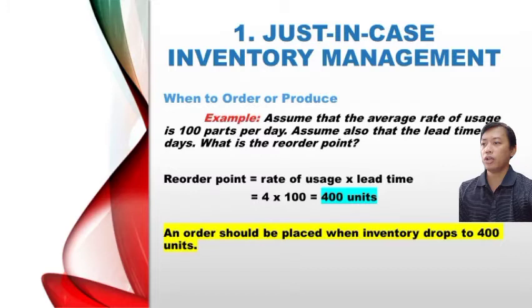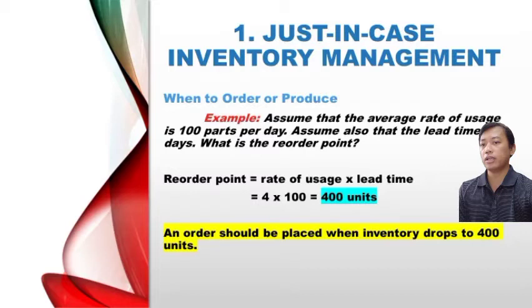So what is the reorder point? It is the level at which an order should be placed when inventory drops. In other words, it tells you when to place an order so you won't run out of stock. So here is how we get the reorder point. Reorder point is equal to the rate of usage multiplied by the lead time.